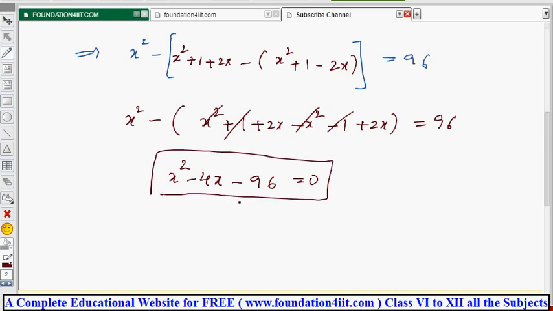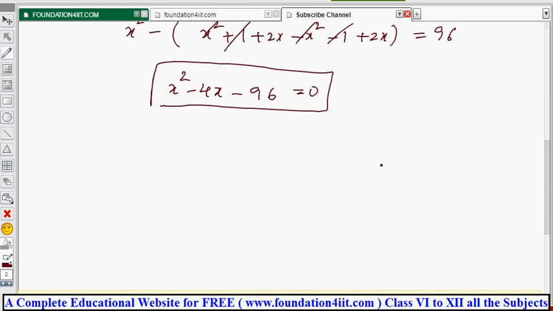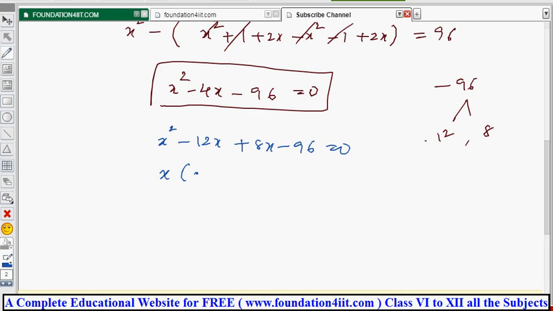Let us solve this. If you multiply by minus 96, we should get 12 and 8, right? 12 eights are 96. So take minus 12 and 8. Now splitting is simple. x square minus 12x plus 8x minus 96 is equal to 0. Now once you know, the quadratic equation is simple.